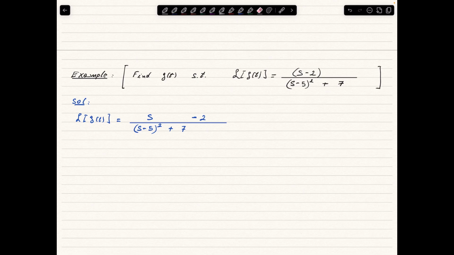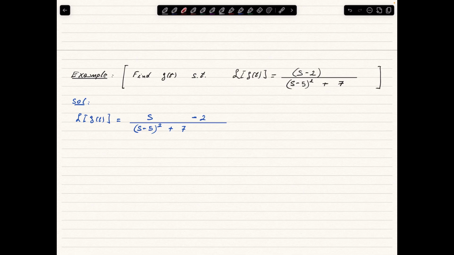This expression in the denominator looks a lot, and we have an s in the numerator. It looks a lot like a Laplace transform of the cosine when it's shifted by 5. What is the Laplace transform of the cosine shifted by 5?